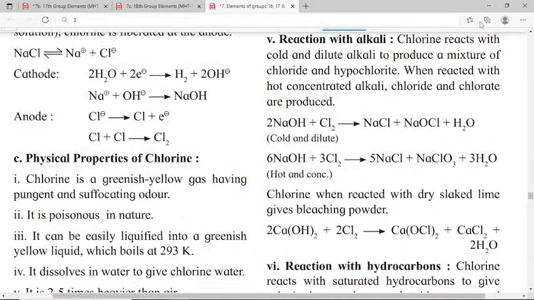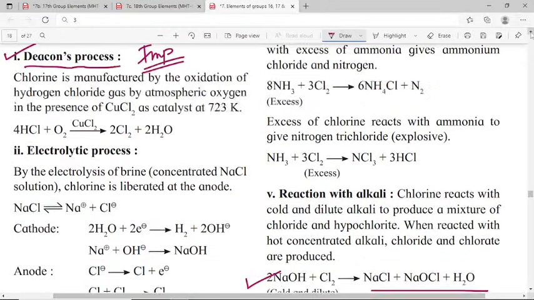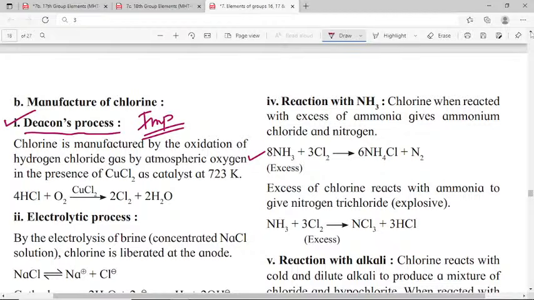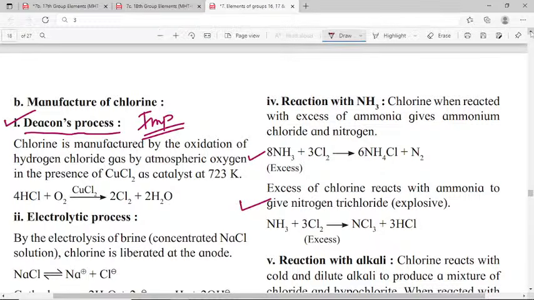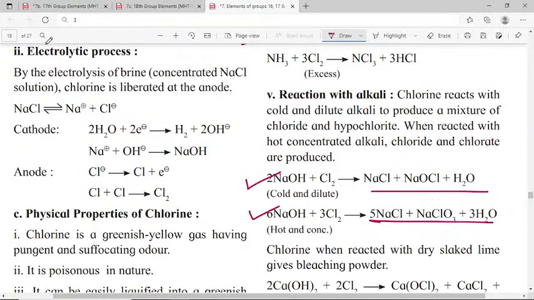Okay, this is the question actually here: cold and dilute, hot and concentrated. Please note down. And the earlier question had excess ammonia and excess chlorine. This is the reaction: excess ammonia, excess chlorine and alkali. Alkali has hot concentrated and cold dilute.